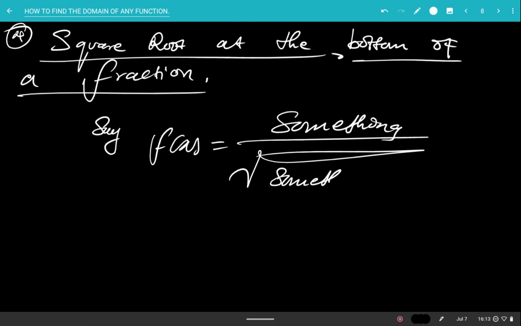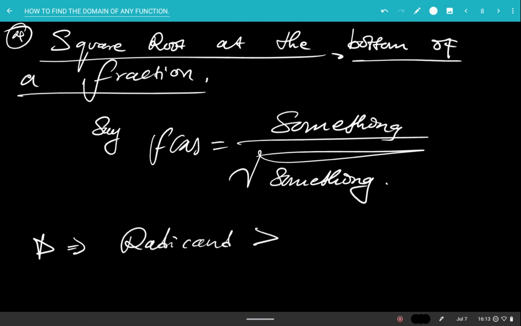Something. In a case where we have such, all we're supposed to do is to set the radicand to be greater than 0. So domain implies that the radicand should be greater than 0.